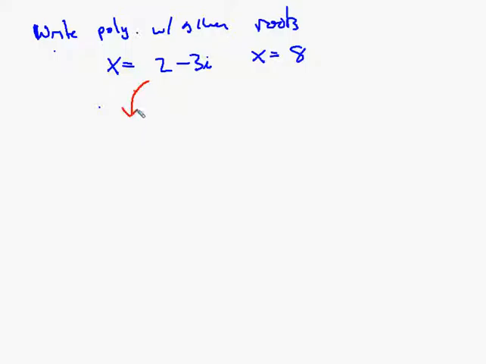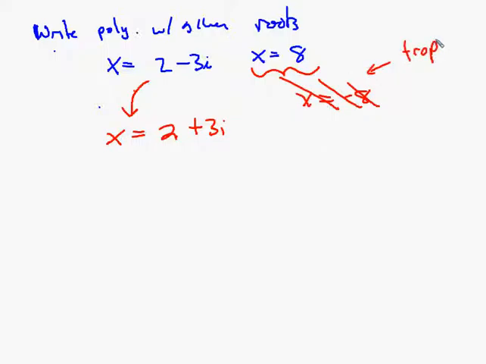Because of the conjugate root theorem, I know I have also x equals 2 plus 3i. You with me? Now the common error is to look at this 8 and say, oh, x equals negative 8. But conjugates only apply to radicals and complex numbers. So that's not true. Don't fall for that trap. That's a trap. Do not fall for it.